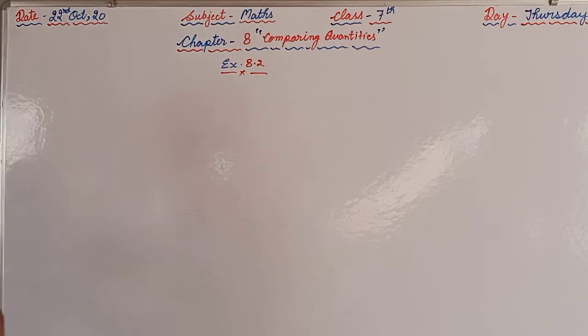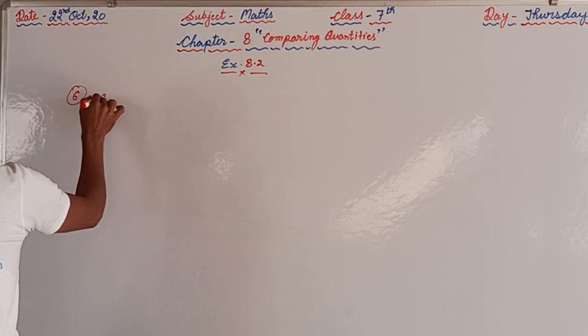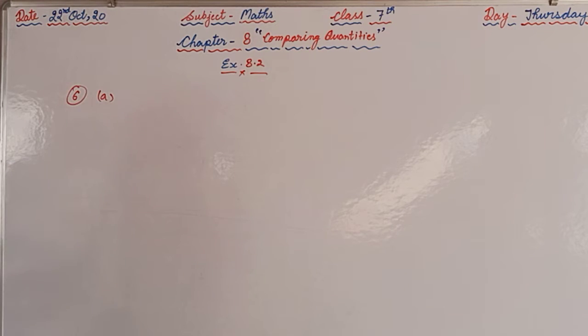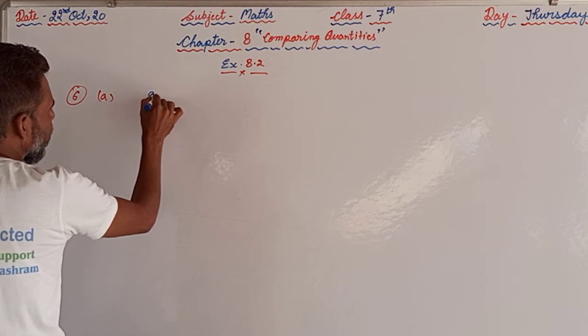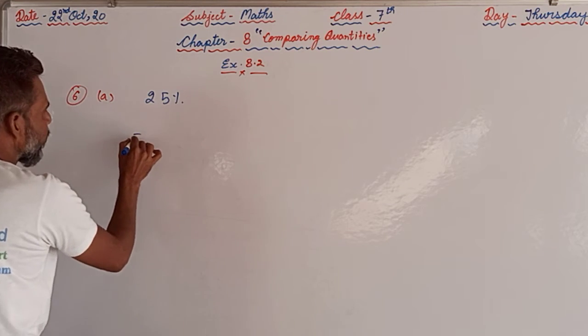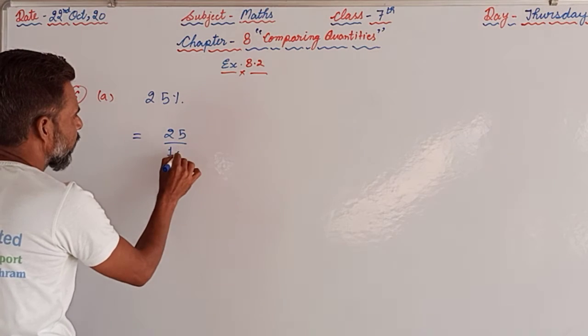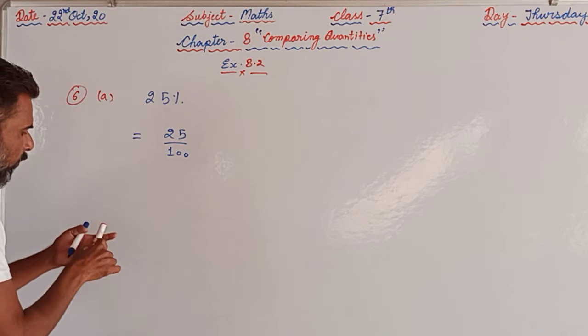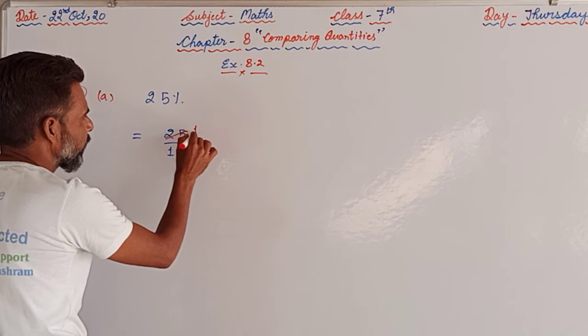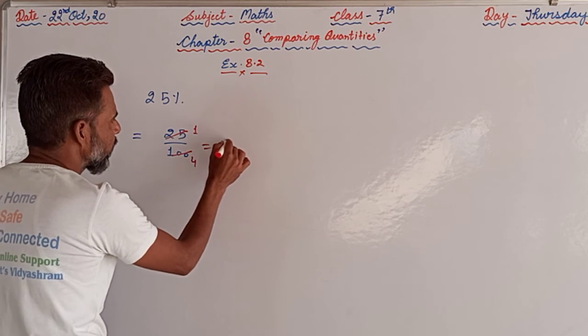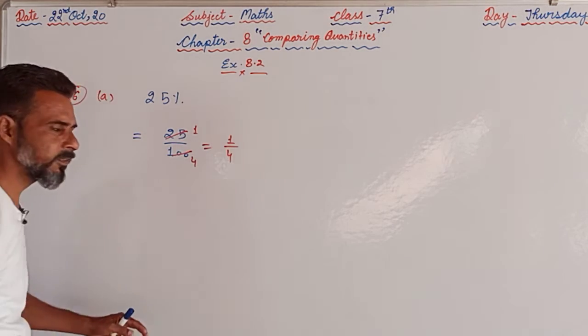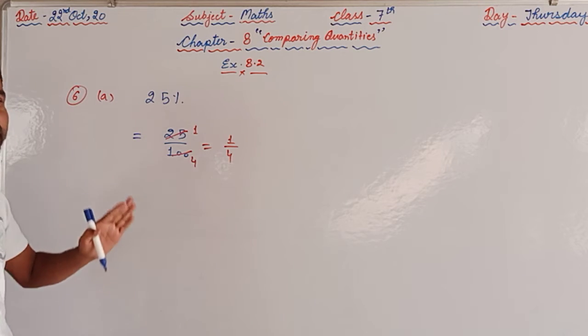That is question number 6, part A, that is given 25%, we are supposed to convert into fraction. 25% means 25 out of 100. So now we can cancel out, 25 1 ja 25, 25 4 ja 100, means 1 upon 4 is the fraction which represents 25%.